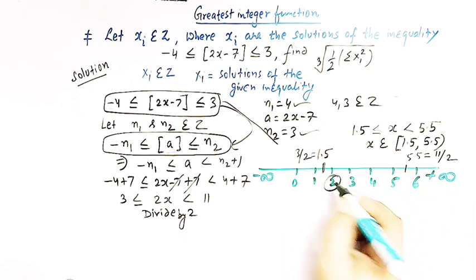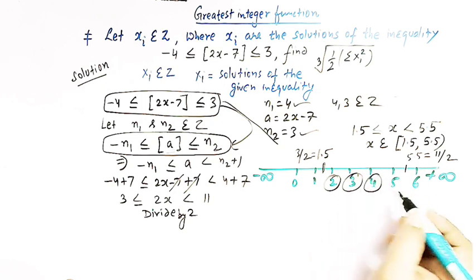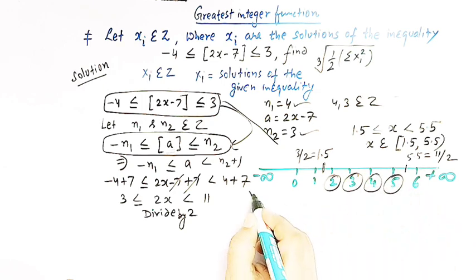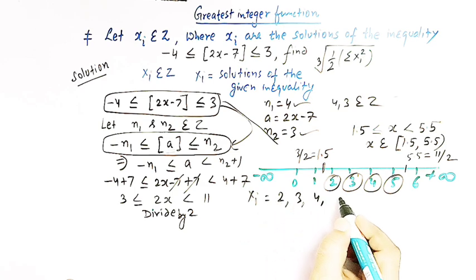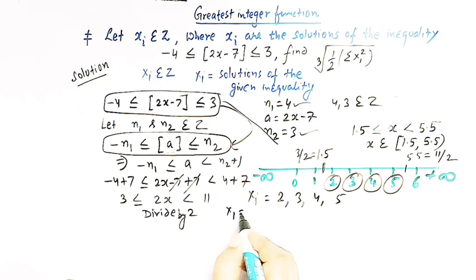So here the integers are 2, 3, 4, and 5. So xi are given by 2, 3, 4, and 5. It means x1 is 2, x2 is 3, x3 is 4, and x4 is 5. So here we have 4 integer solutions of this inequality.